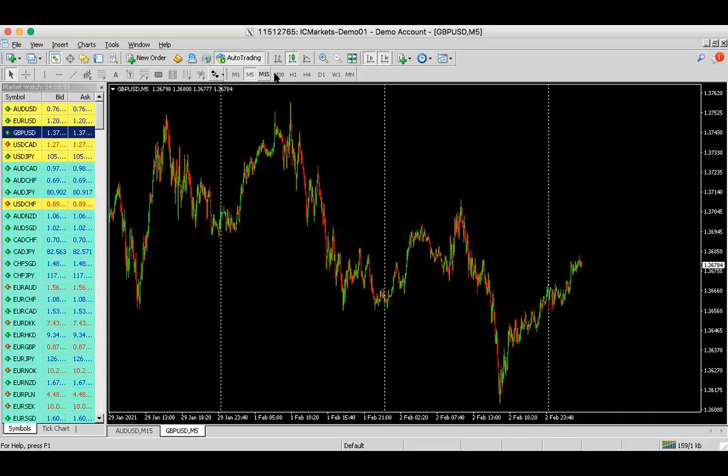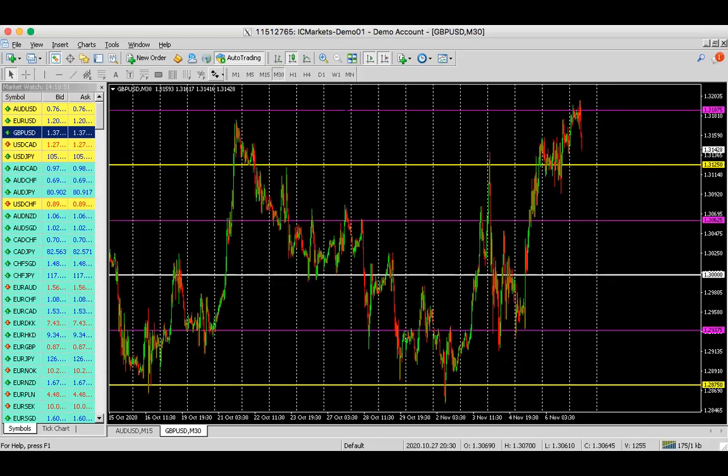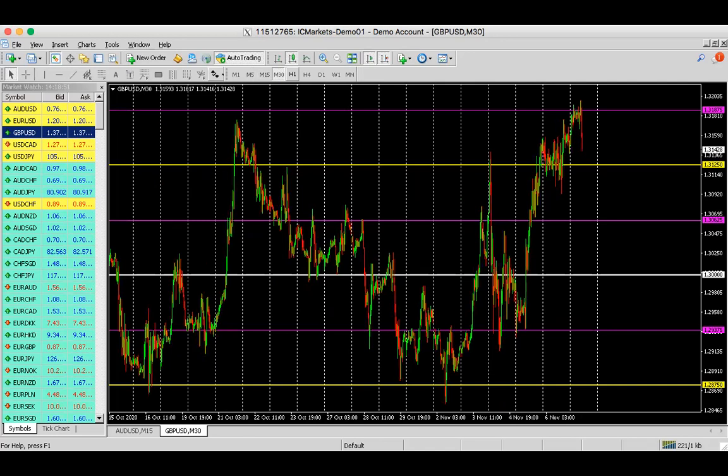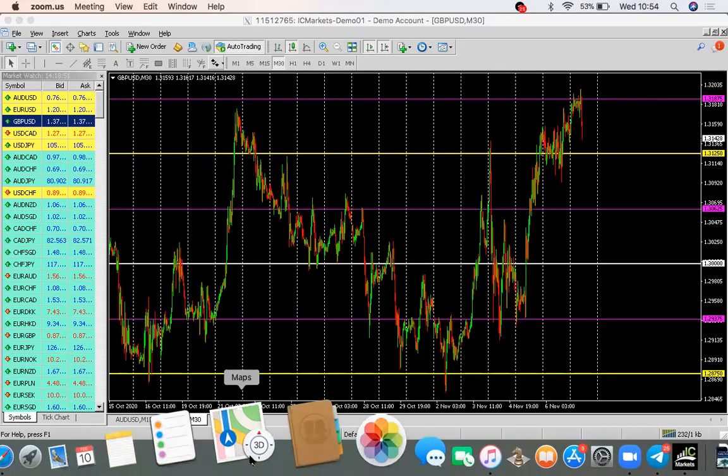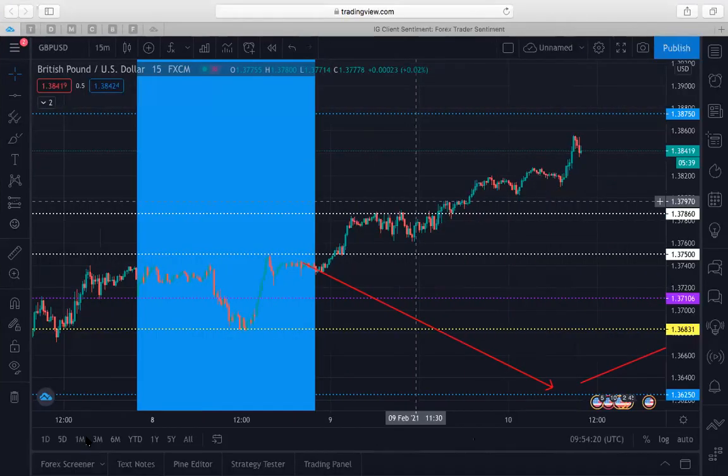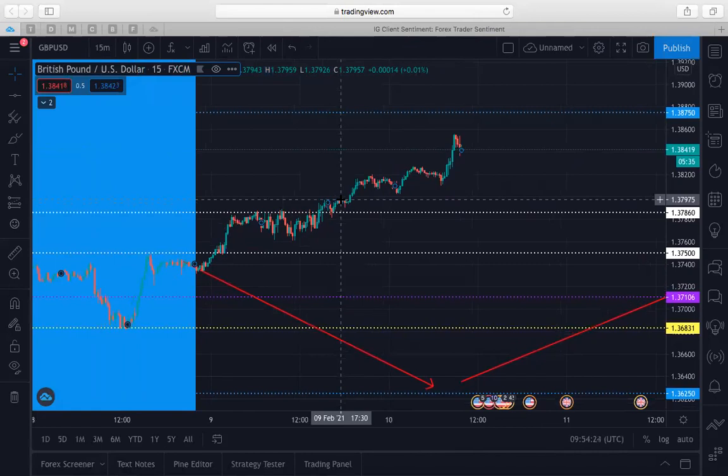No, still TradingView. Nothing yet. Now you can see TradingView. Yeah, now I'm seeing TradingView.